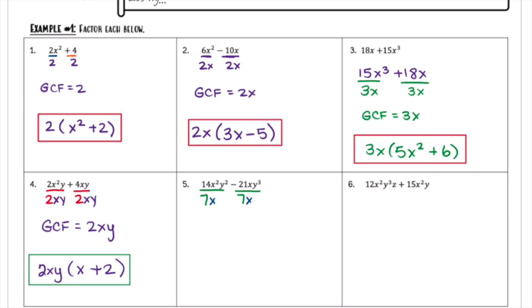I can divide each of them by x, and I can divide each of them by y squared. So my GCF is 7xy squared. That GCF comes in front of my parentheses, and I divide each of these, giving me 2x minus 3y.